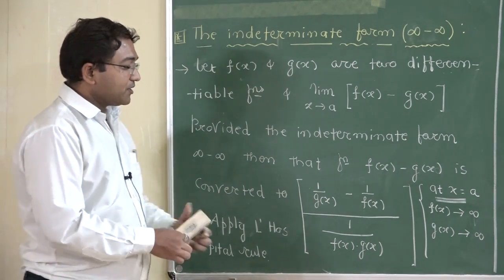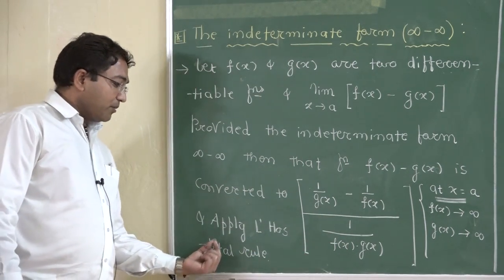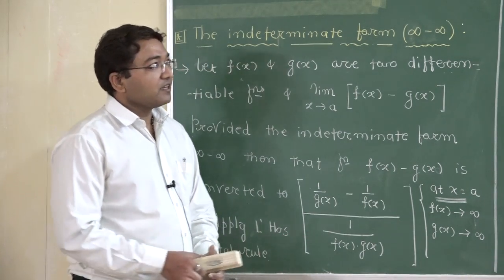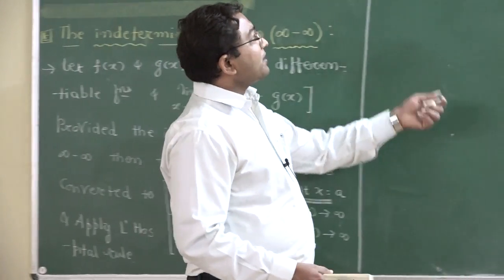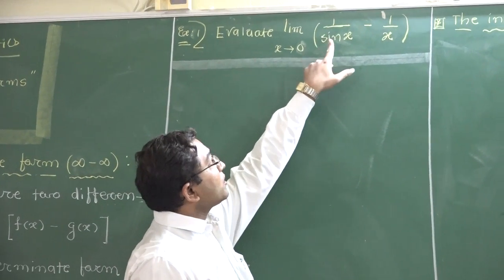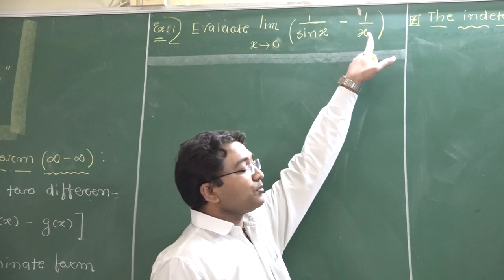After deriving 0 upon 0 form, we are able to apply L'Hospital rule for solving this kind of limit. So, the example is: evaluate limit x tends to 0, 1 upon sin x minus 1 upon x.